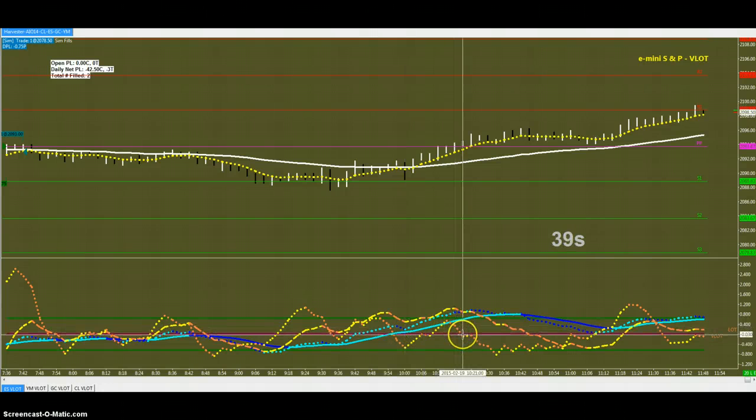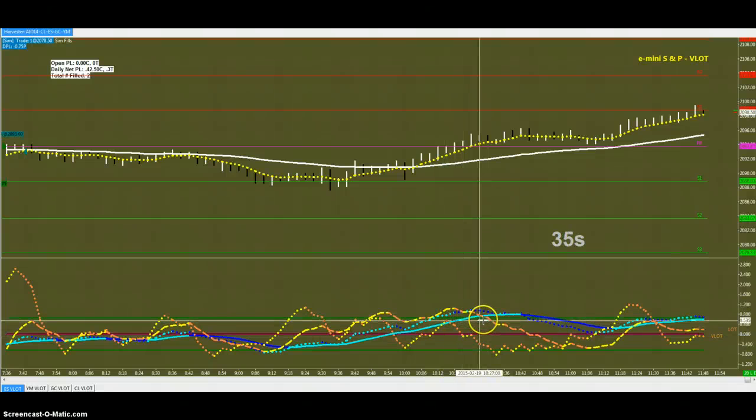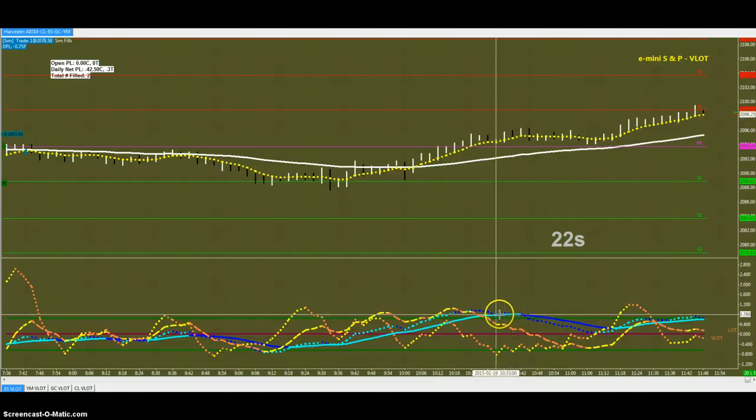Right here as pin V lot crosses down through the zero, or as pin lot crosses down through the slow MACD. That's how long you'd stay in. Or you could decide, okay, I'm going to stay in until the MACDs get together.